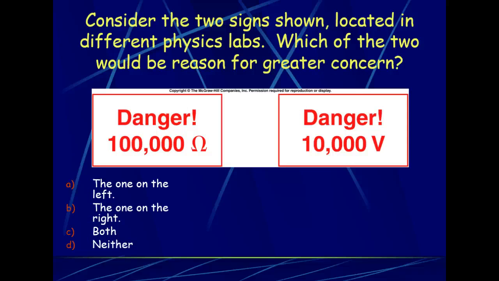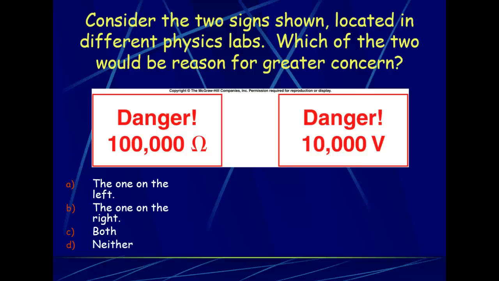Now here we have a couple of signs that are kind of concerning. The one on the left says, danger, 100,000 ohms. The one on the right, danger, 10,000 volts. Now, 100,000 ohms, that's just resistance. We can find resistors just laying in drawers.